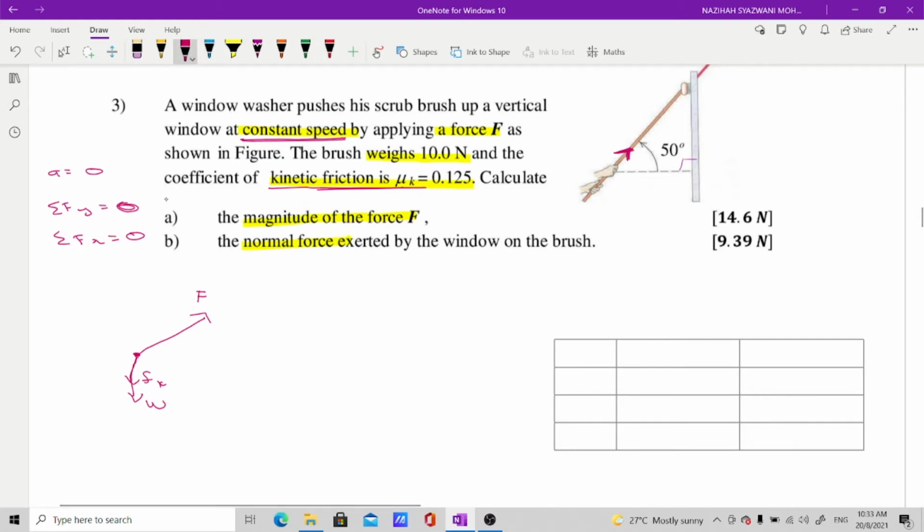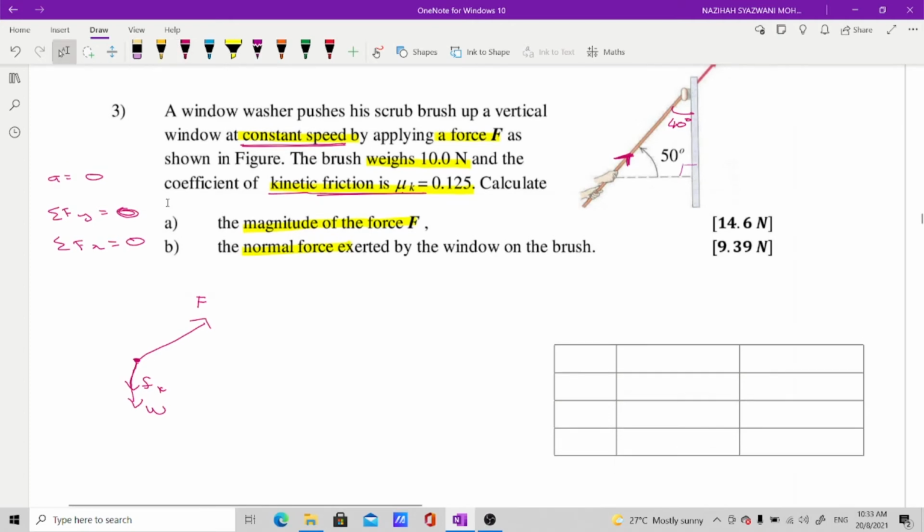So I am going to put here 40 degree. Because in a triangle, the total internal angle is 180 degree. So 180 minus 90 minus 50, you will get 40 degree.